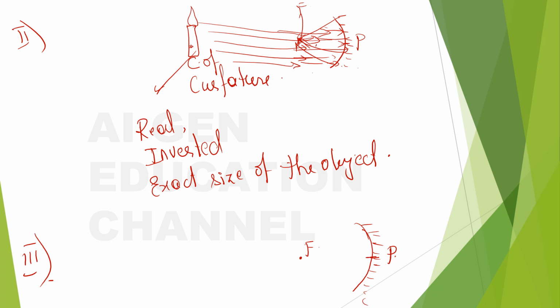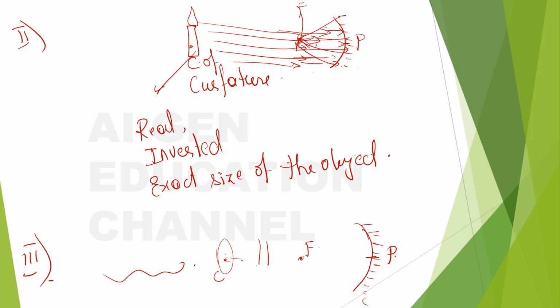Now this is the center of curvature. Now what happens? We are done with placing the object here. And where else shall we place the object now? It is obvious that we can place it in between these 2 points, in between the center of curvature and the principal focus.